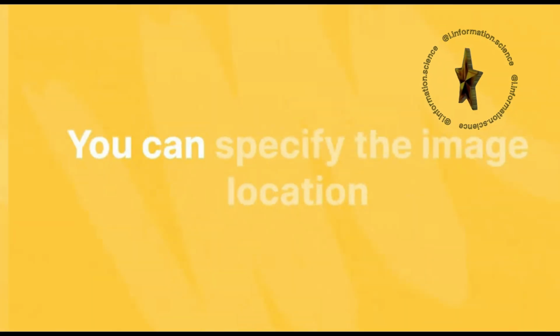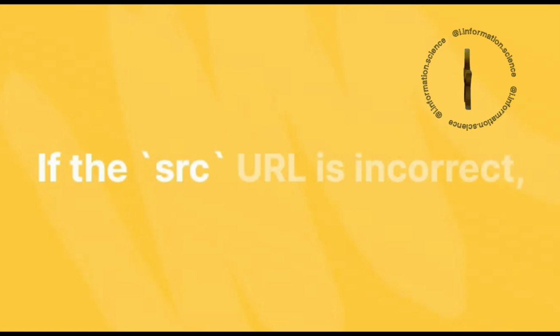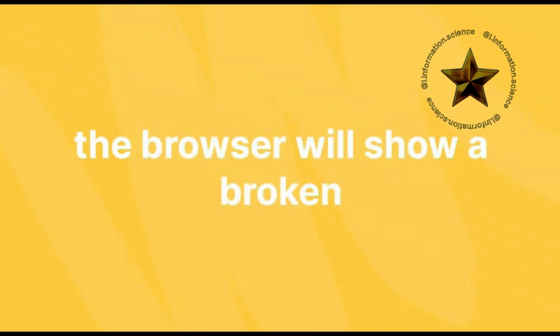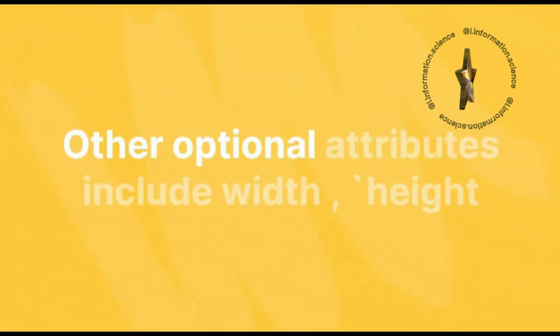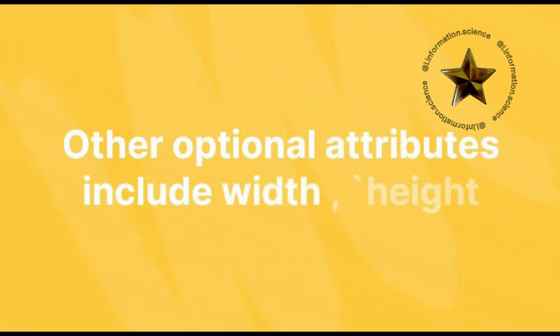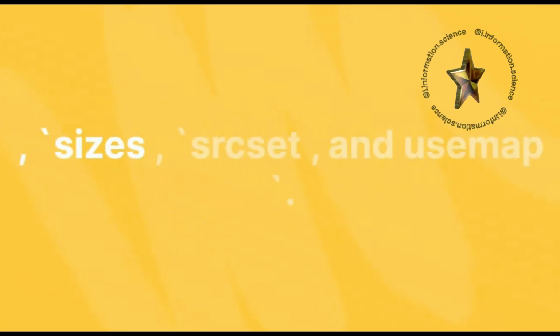You can specify the image location using a full URL or a relative file path. If the src URL is incorrect, the browser will show a broken link icon instead of the image. Other optional attributes include width, height, title, crossorigin, ismap, loading, longdesc, referrerpolicy, sizes, srcset, and usemap.